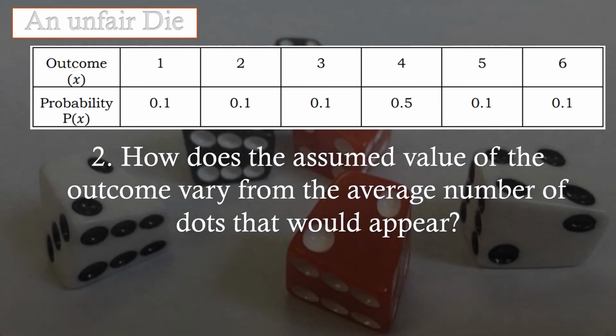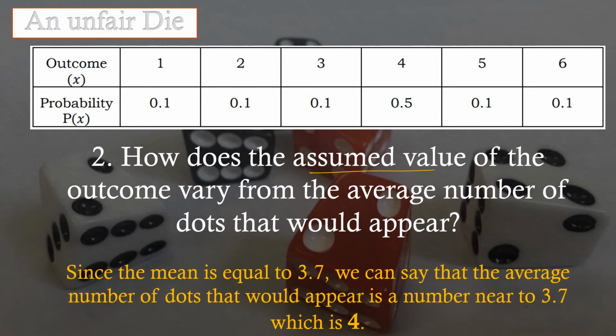Now, to answer the previous question of what does 3.7 mean, we have first to answer question number 2. How does the assumed value of the outcome vary from the average number of dots that would appear? Well, since the mean is equal to 3.7, we can say that the average number of dots that would appear is a number near 3.7.